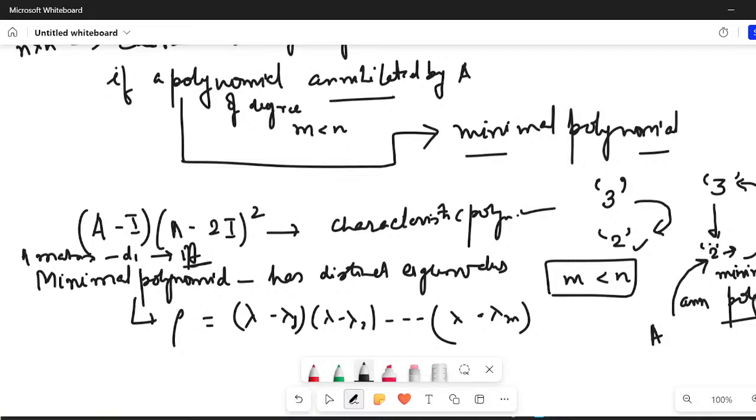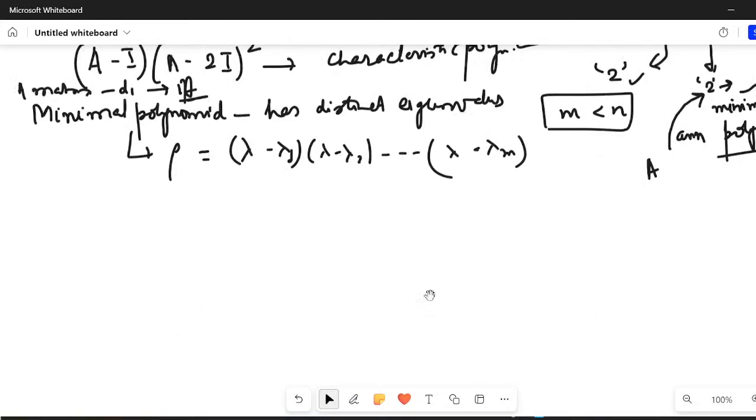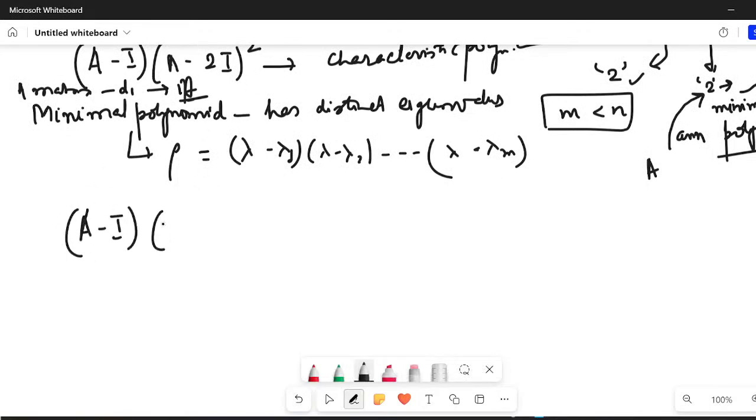But if it so happens that you cannot find a minimal polynomial of degree 2, then obviously the minimal polynomial is the characteristic polynomial itself, right? So see, if I have to make a minimal polynomial of degree 2 from here, what I can do is take A minus lambda I, and instead of 2 I just write A minus 2I, and let us try to see whether it satisfies or not.